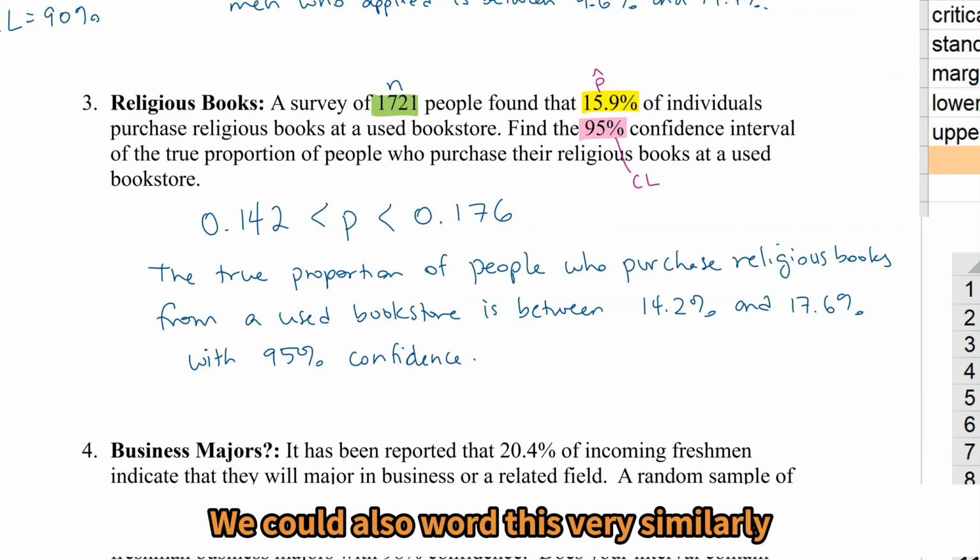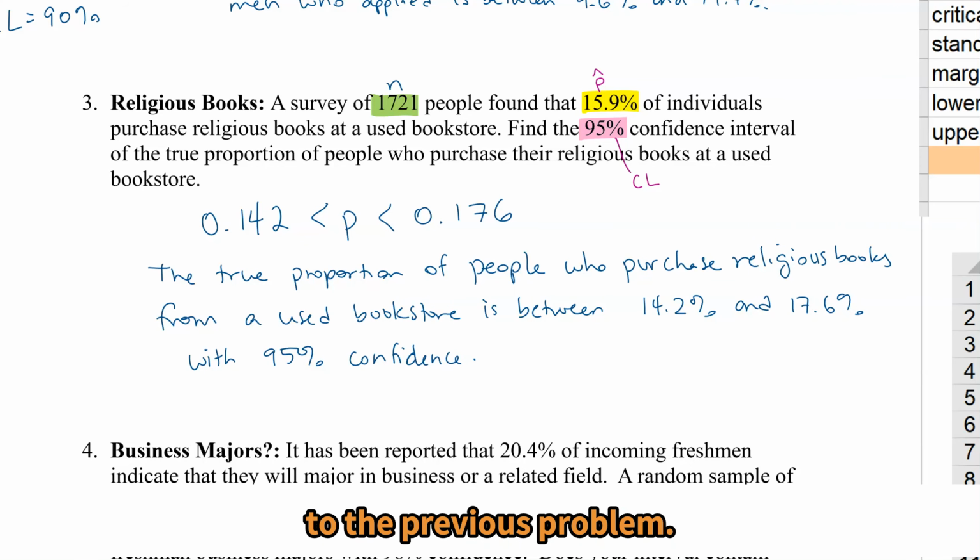We could also word this very similarly to the previous problem. We are 95% confident that the true proportion of people who purchase religious books from a used bookstore is between 14.2% and 17.6%.